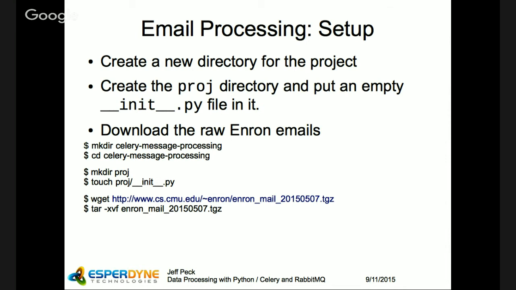And then you just put inside of it an empty __init__.py file. I'm not sure if everyone's familiar with making Python modules, but putting an empty __init__.py file basically lets Python know that this directory can be accessed as a module and be imported. It's a standard thing in Python, even though it looks kind of funny.